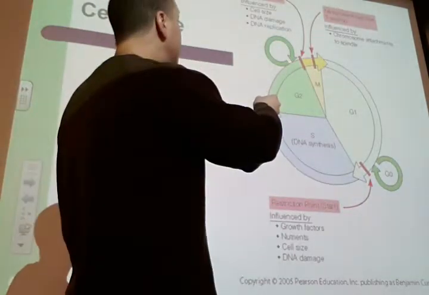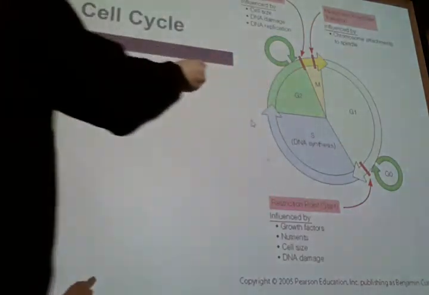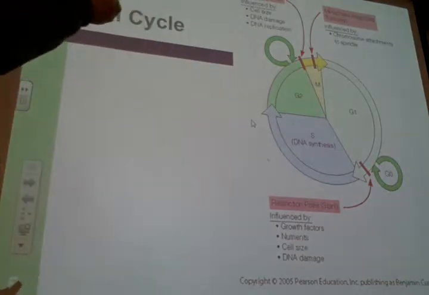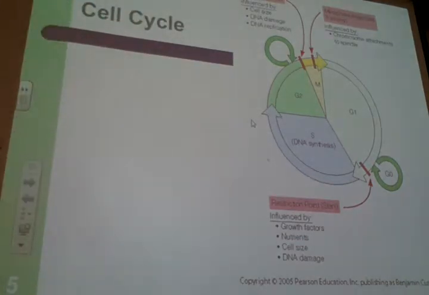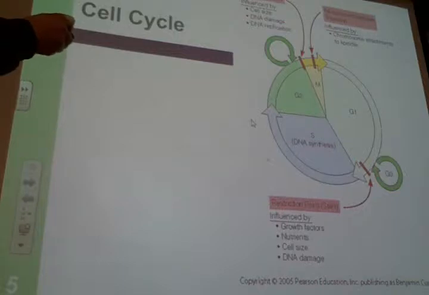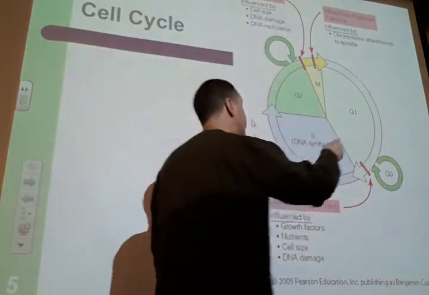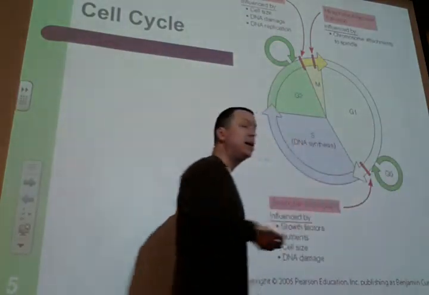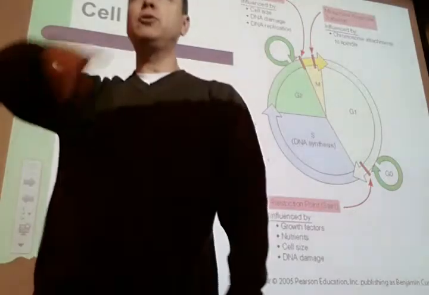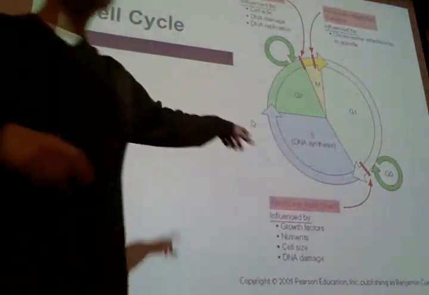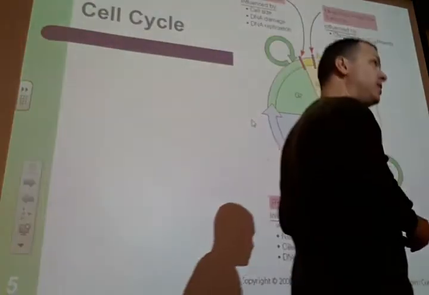And the same thing up here for monitoring G2 into M. Again, it checks that the cell has gotten to the right size. Again, it's always looking for DNA damage, and it makes one more check that, make sure I copied everything. Because another aspect to this cycle is that it only moves in one direction. Okay? You cannot go backwards through the cell cycle.